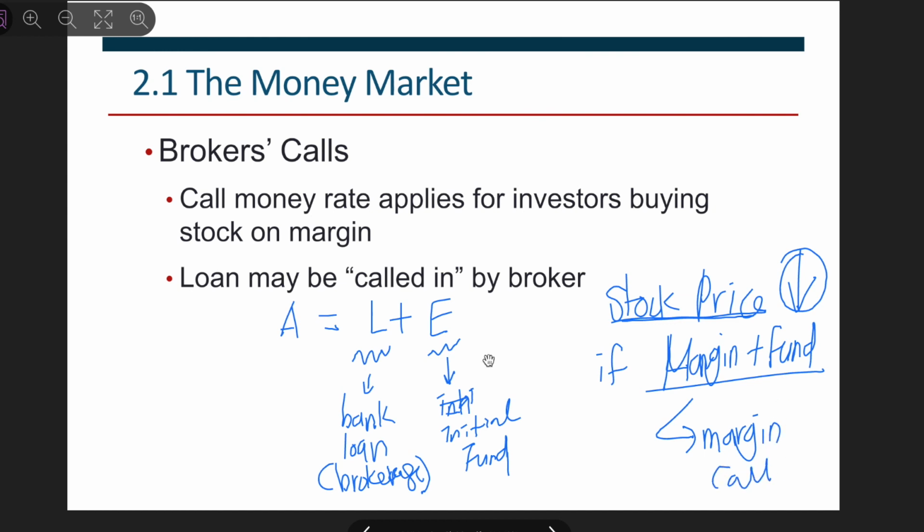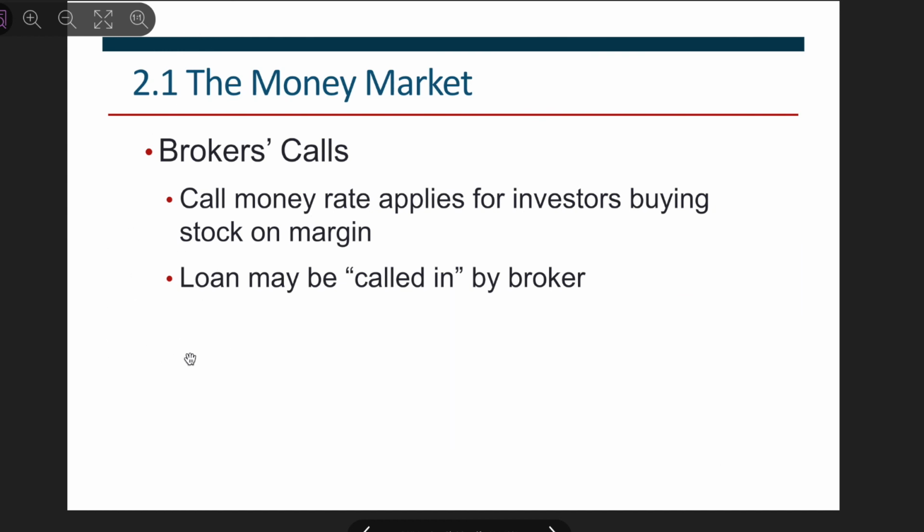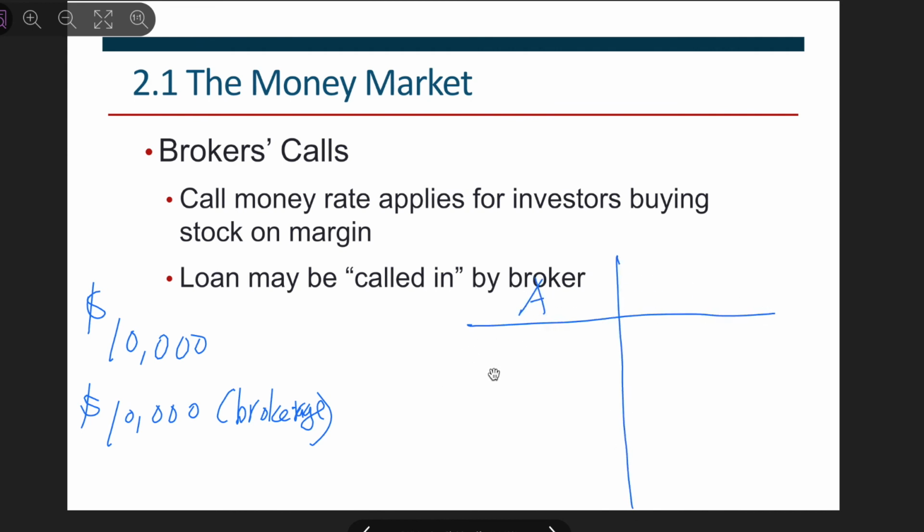So why does it happen? Once again, let's assume you have $10,000 in hand, and the brokerage firm decided that 100% of your funding could be borrowed from the brokerage. If we look at the balance sheet, we have assets of cash of $10,000 and financial assets, another $10,000.